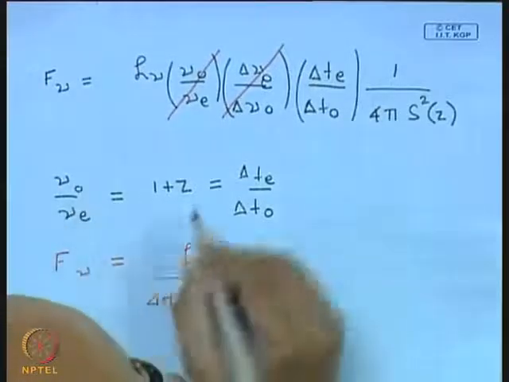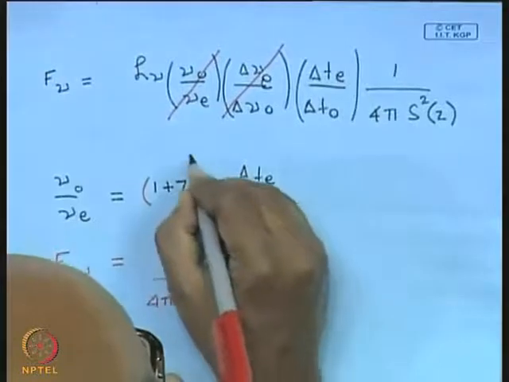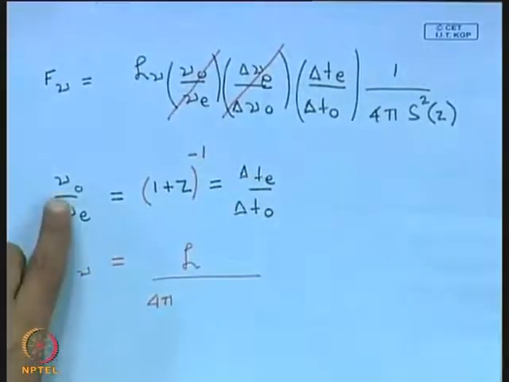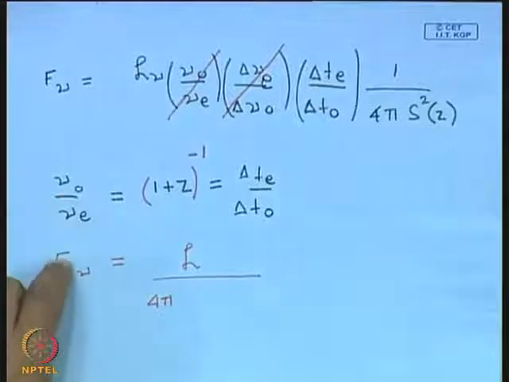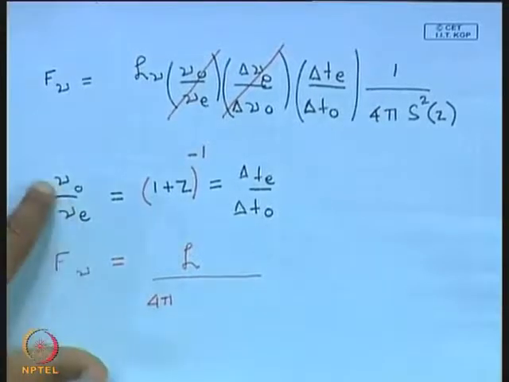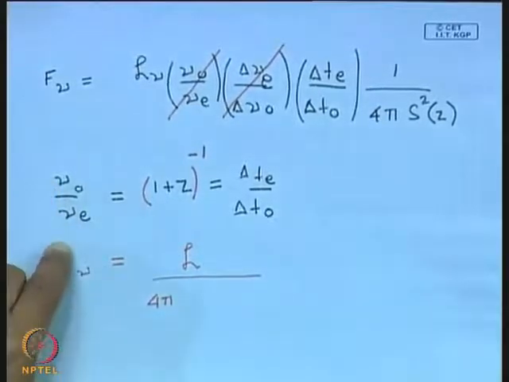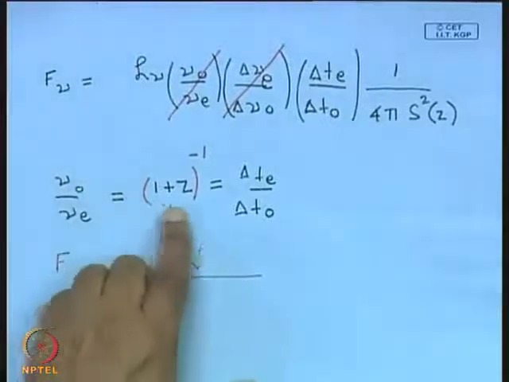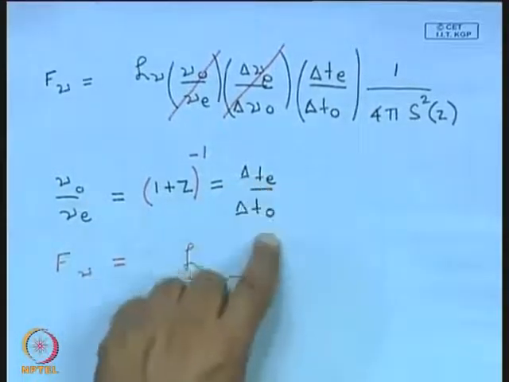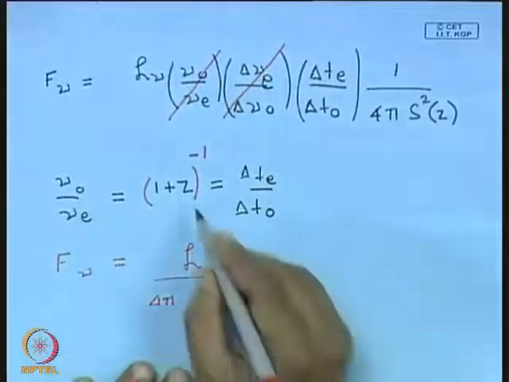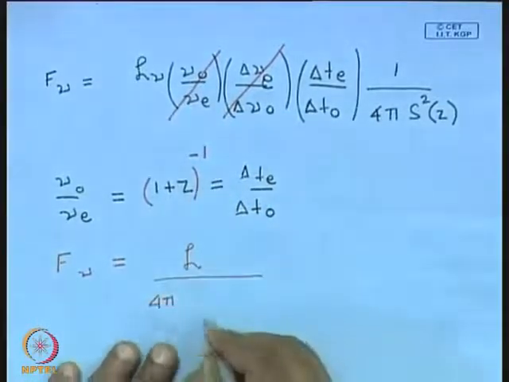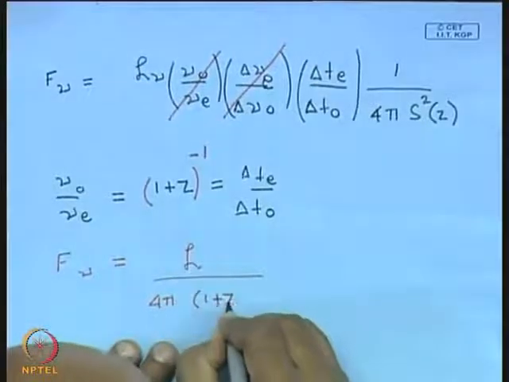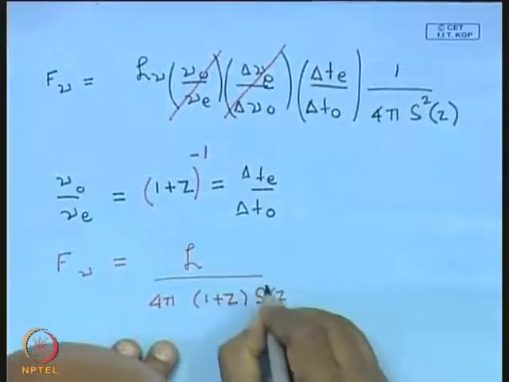No, this will be the other way around, sorry. The frequency of light as it propagates, what happens? Does it increase or decrease? From a distant source, will the frequency be higher or smaller? It will be smaller, right? So the observed frequency will be less than the emitted frequency. Observed wavelength is more, so it will be 1 by 1 plus z, and the time interval is opposite to the frequency. So there will be a factor of 1 plus z to the power minus 1 here. So what I will get is 1 plus z square.